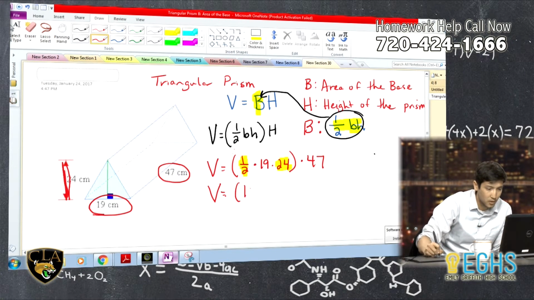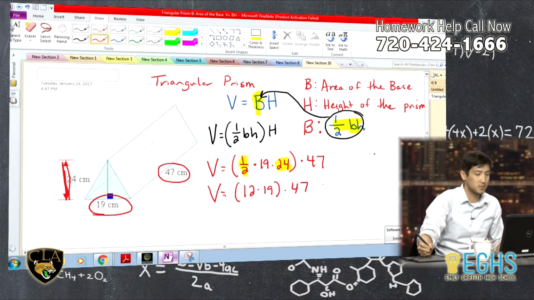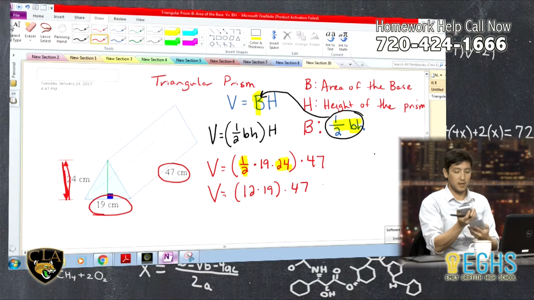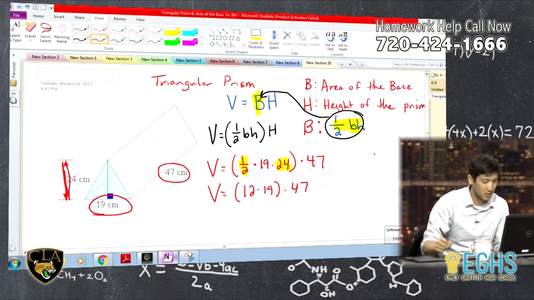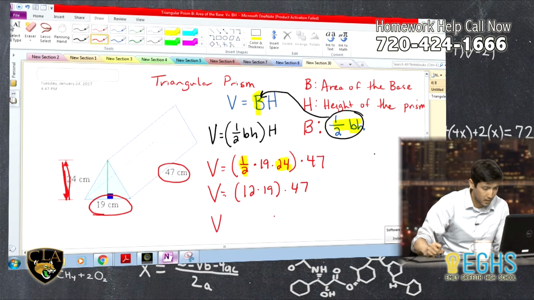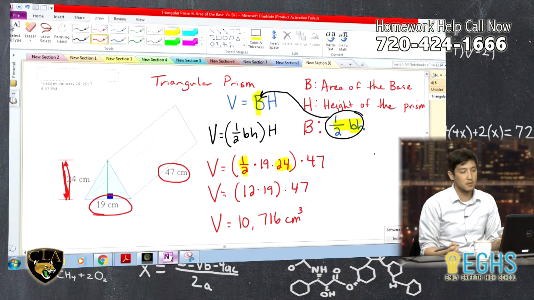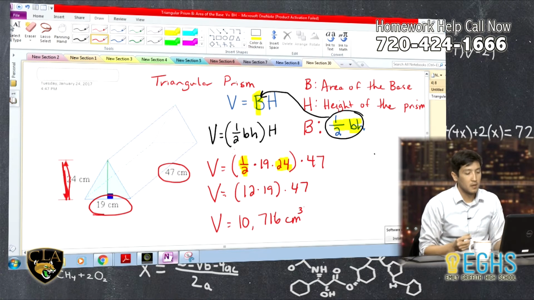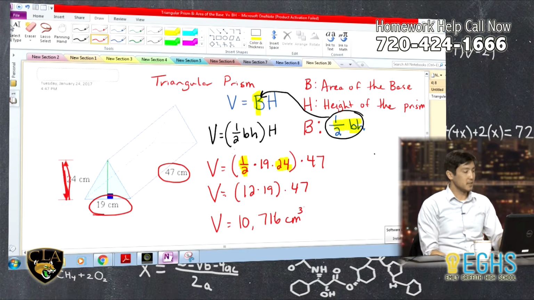And so that's 12 times 19 times 47, and now I'm just going to punch this in a calculator because I have a calculator. So 12 times 19 times 47, volume equals 10,716 centimeters cubed.